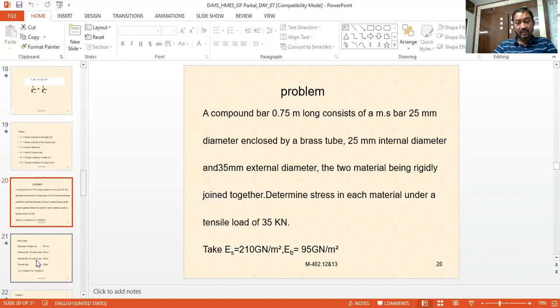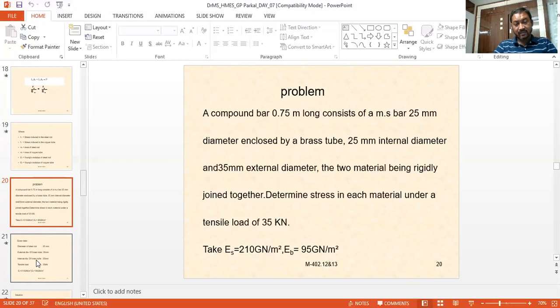Determine the stress in each material under a tensile load of 35 kilonewtons.